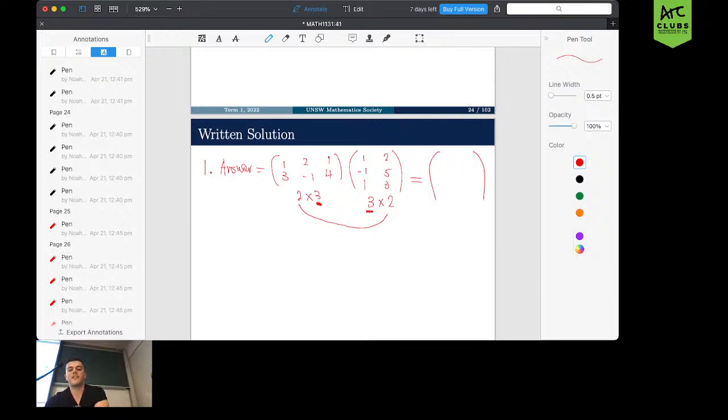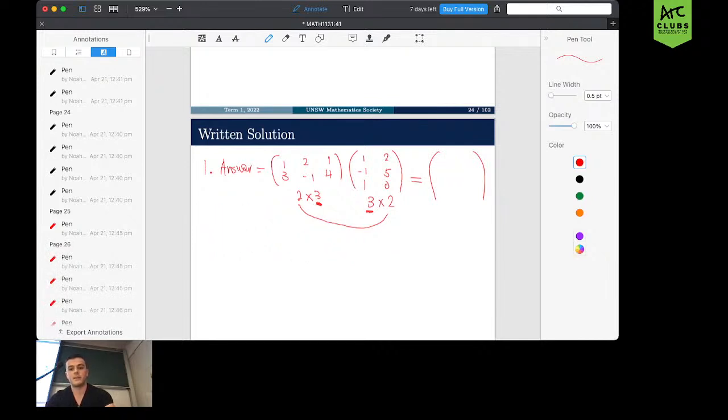Okay, now how do I find row 1, column 1? You simply dot the first row with the first column. So if we evaluate that dot product, that's going to be 1, 2, 1, the first row in matrix 1, dotted with the first column in matrix 2, so 1, -1, 1. Doing a dot product, that's 1 times 1, which is 1, plus 2 times -1, which is -2, plus 1, which is just 0.